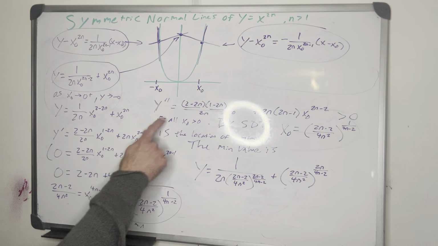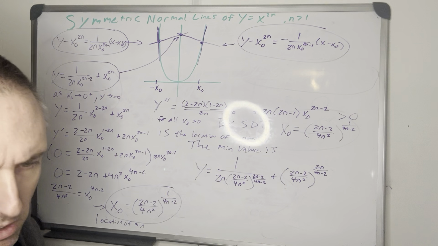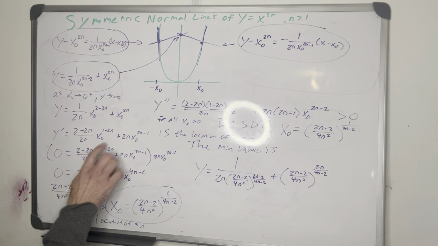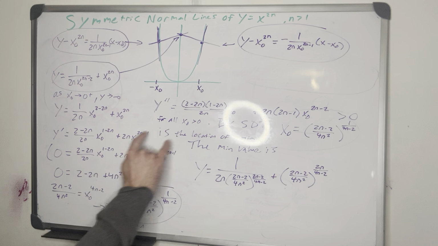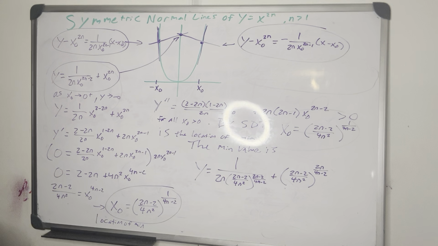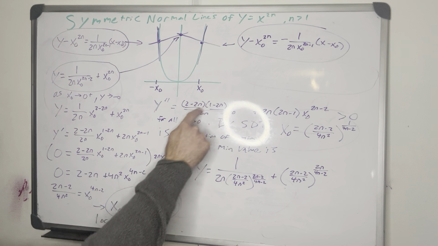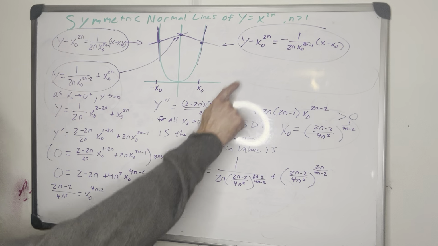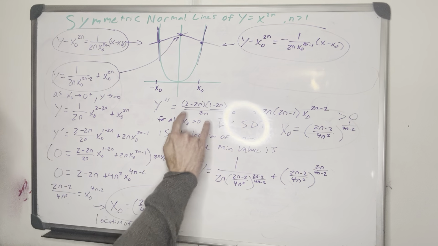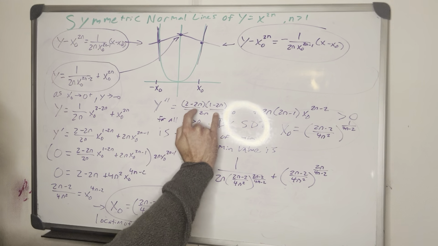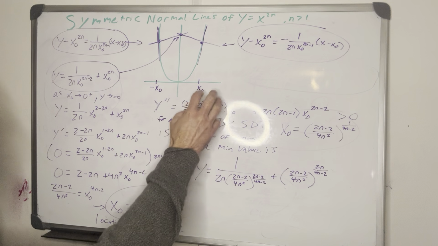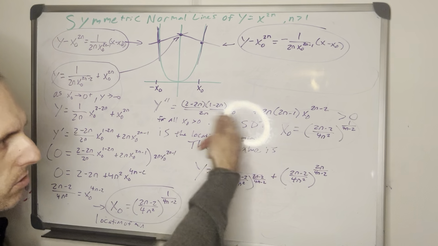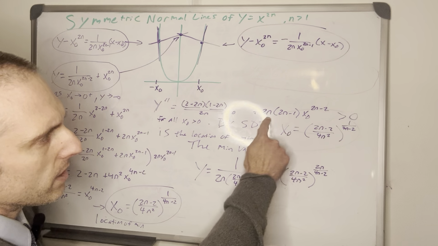If you took a second derivative, and I didn't write this part up, but you can follow through it. Here's the first derivative, and you take a second derivative of that. Then the power comes down again, so you get 2 minus 2n, 1 minus 2n. Since n is greater than 1, both of those are negative, so when you multiply them, it becomes positive. That's going to be positive since x0 is positive, and the same thing over here.